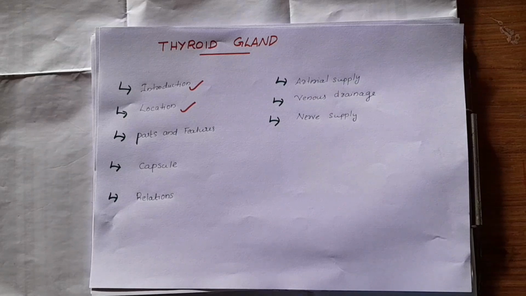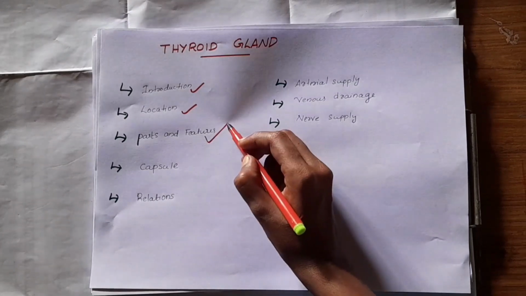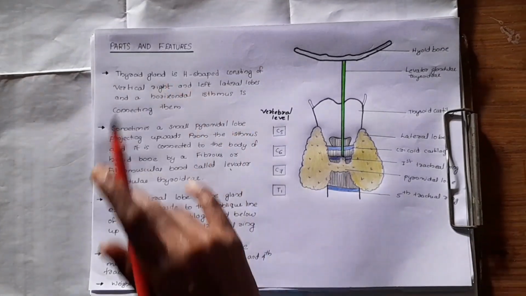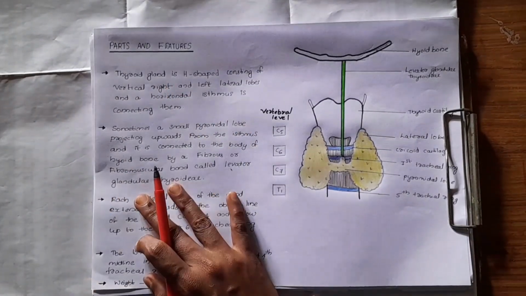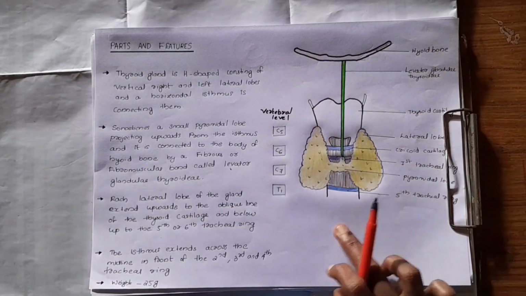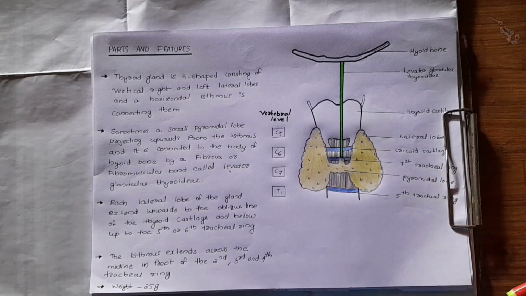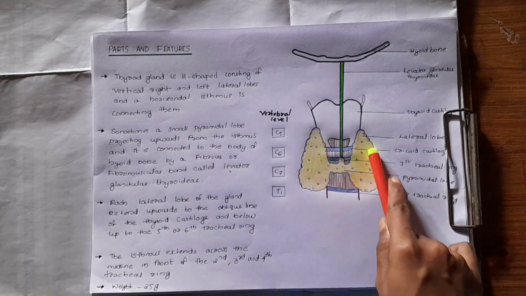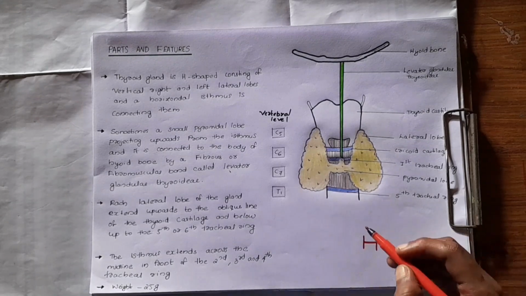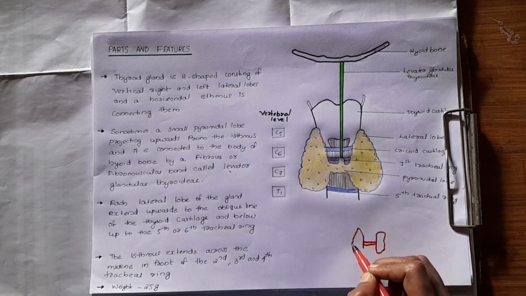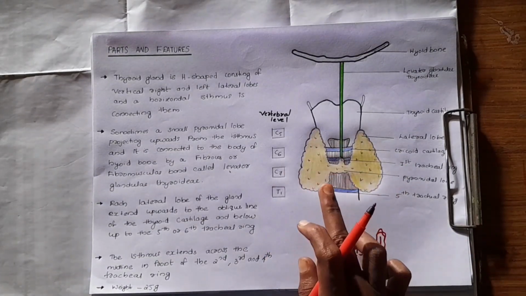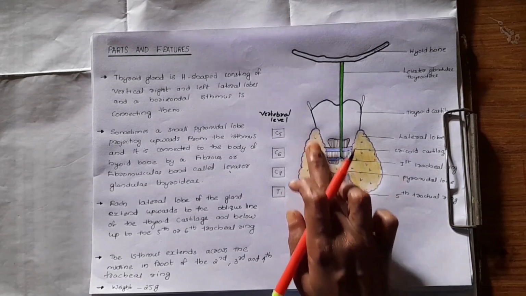And the next heading is the parts and features. We can understand the parts and features of the thyroid gland with the help of this diagram. The first point is that the thyroid gland is H-shaped, consisting of right and left lateral lobes.